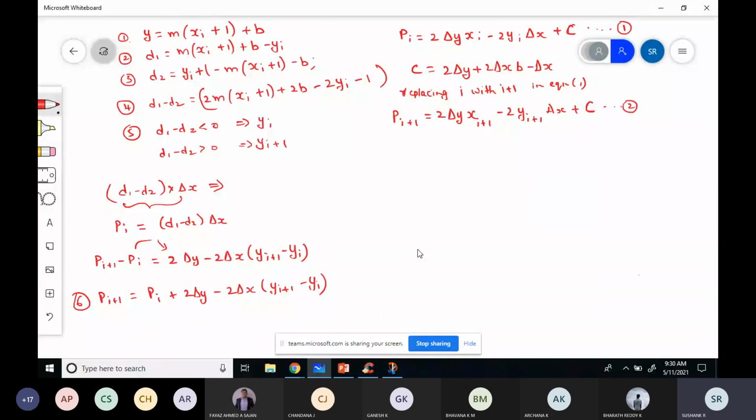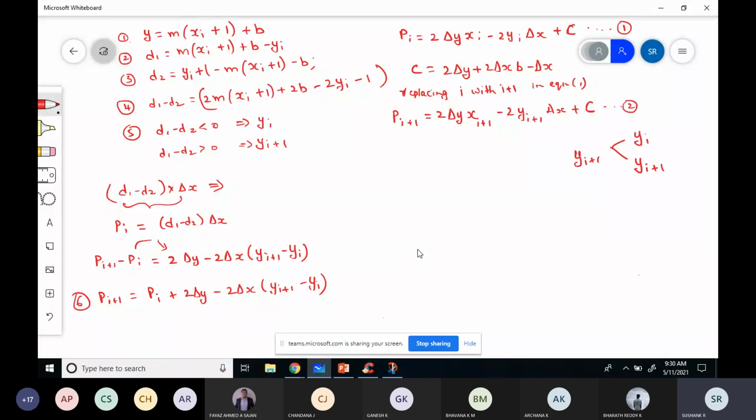You know that y of i plus 1 is not equal to y i because it will be incremented. So y of i plus 1 can have two options: either it will select y i or y of i plus 1 based on the pixel value, so you cannot increment in unit interval.